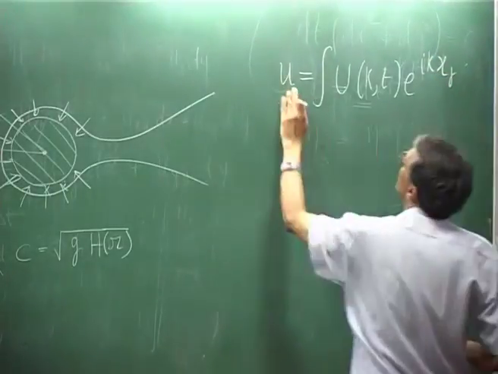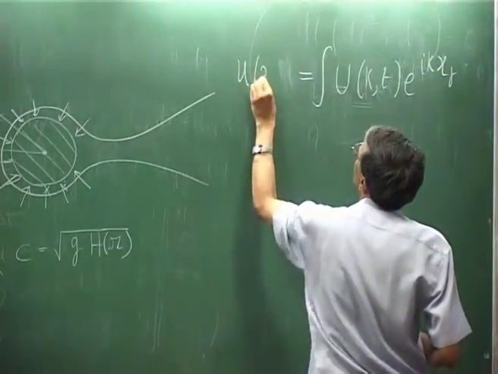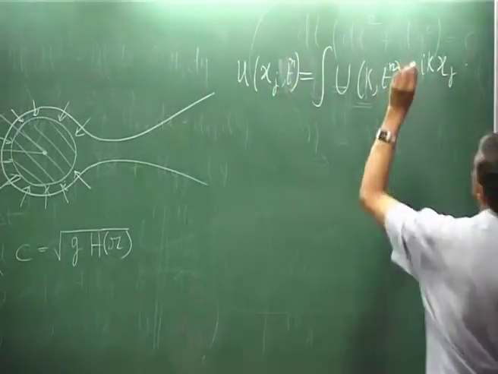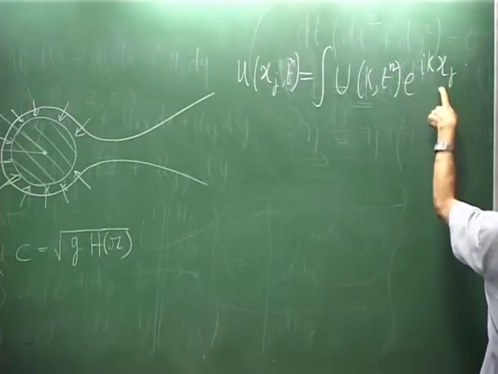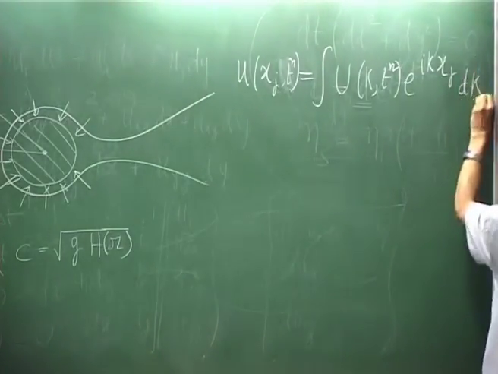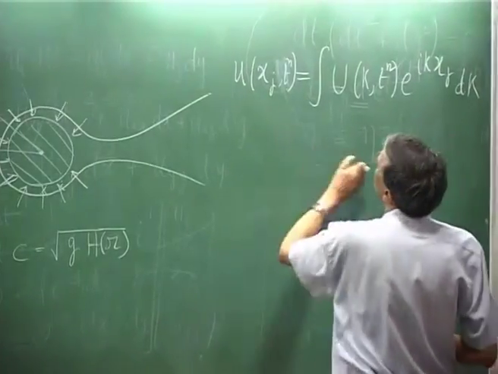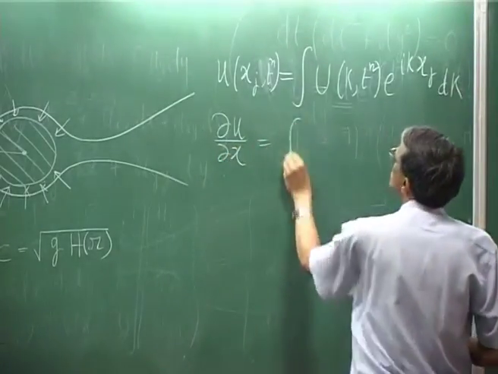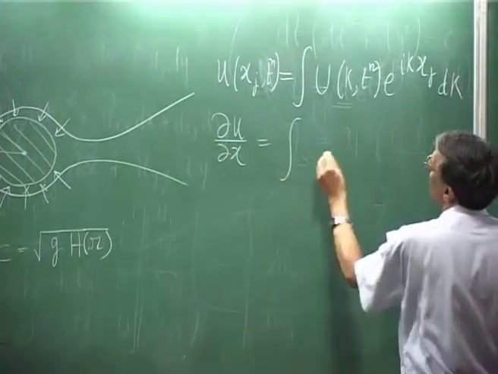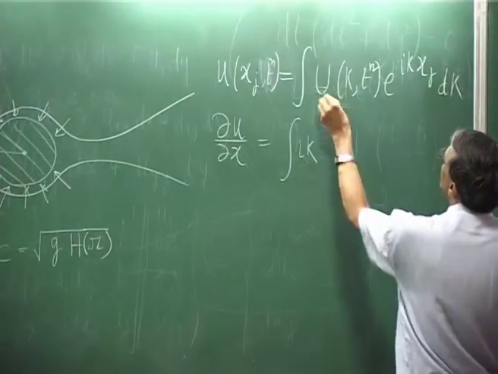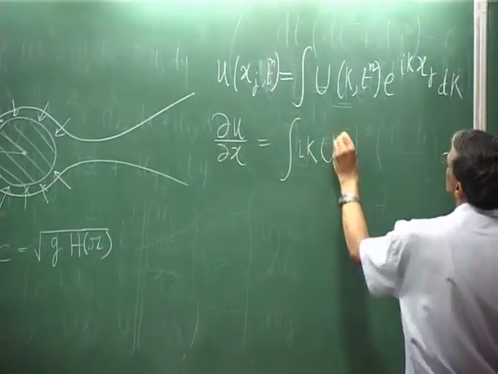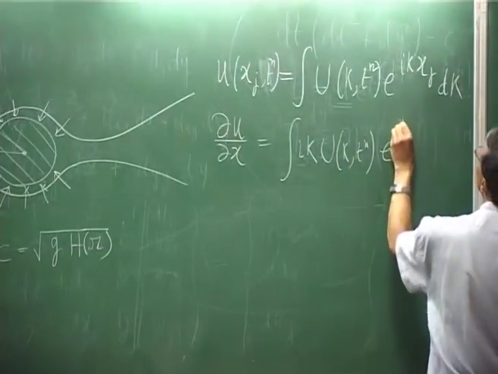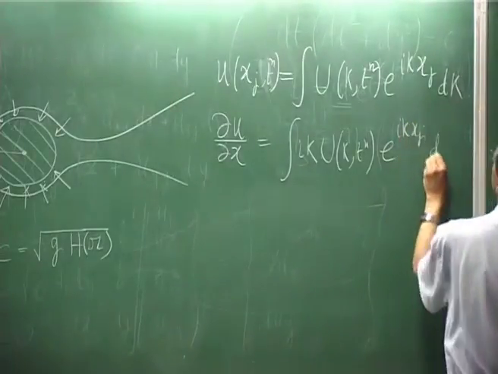Let us say I am interested in finding this u at the node x_j and time t_n. So this time is t_n, and here I am writing e to the power i k x_j, summed over k. Now, if I differentiate this equation, what do I get? I get i k, of course u remains as it is, and e to the power i k x_j, summed over k.